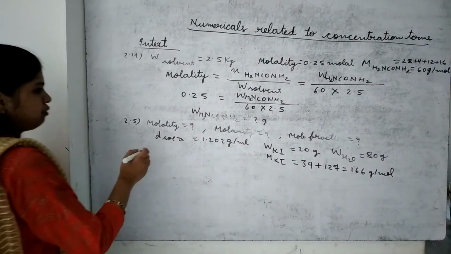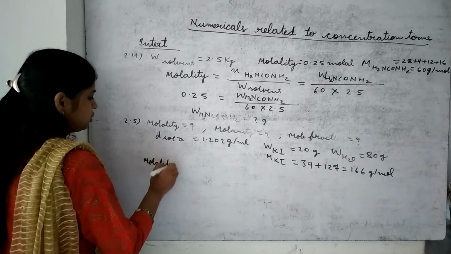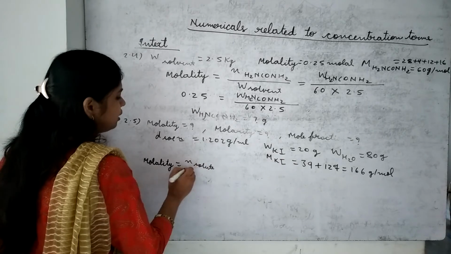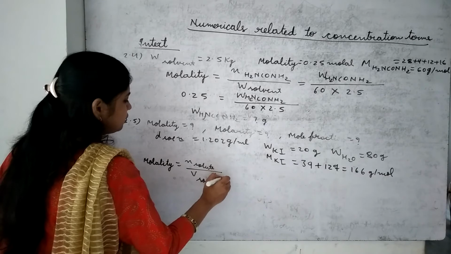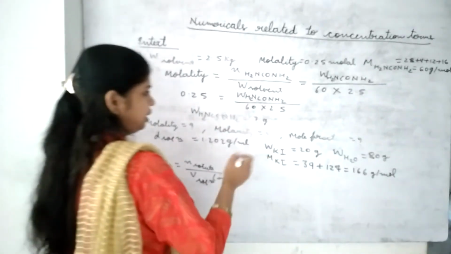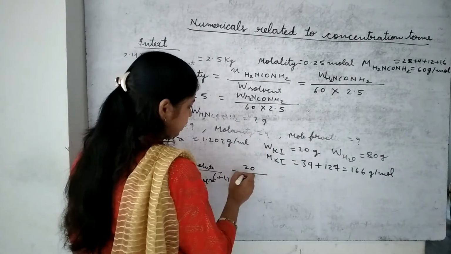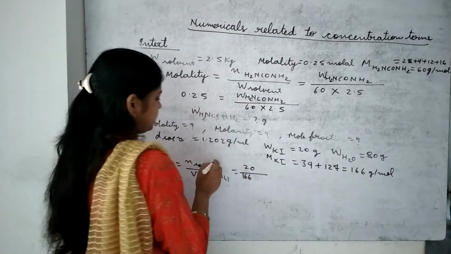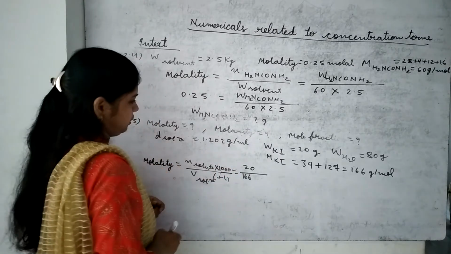Now through this we can find molality: number of moles of solute potassium iodide divided by mass of solvent. So number of moles of solute will be 20 divided by 166, and since the mass of solvent is in gram, the formula is multiplied with 1000.